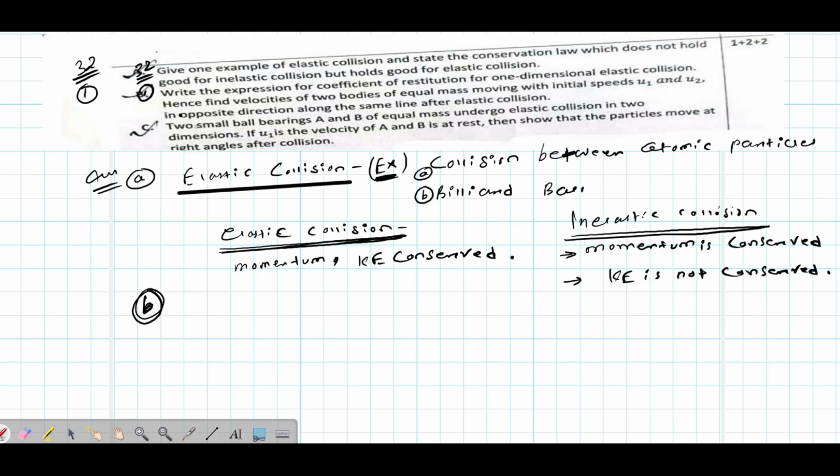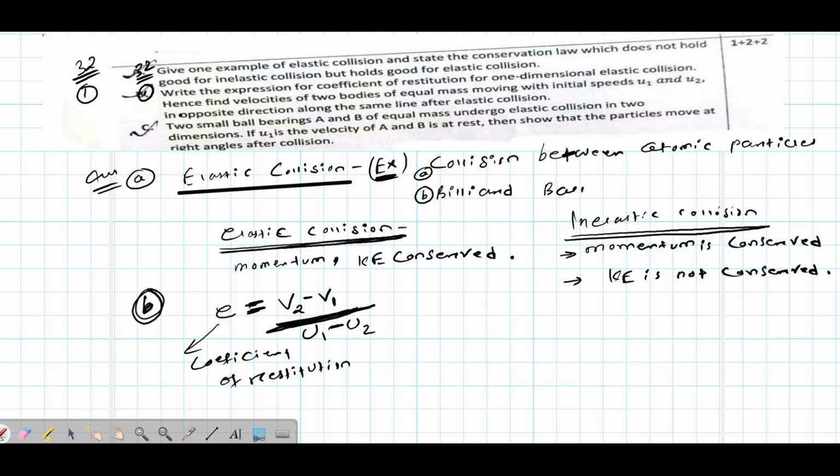Coefficient of restitution equals (v2 minus v1) divided by (u1 minus u2). That is the coefficient of restitution.